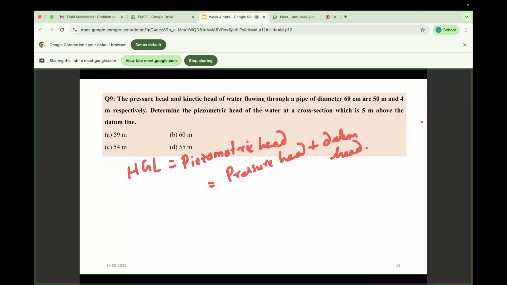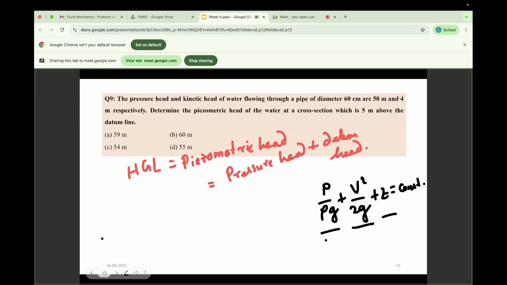See, each and everything in this equation comes from Bernoulli's equation. P by rho g plus v square by 2g plus z equal to constant, that is always true, right? So the first term is the pressure head, this is the velocity head, this is the datum head. Is it clear? There are basically two concepts.